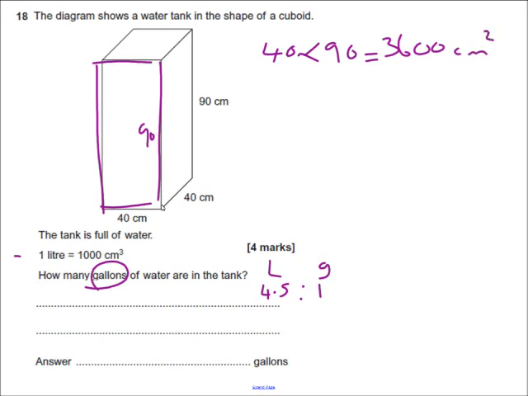And now we multiply it by our depth, our third dimension, so 3,600 times 40 again gives us, putting this in our calculator, a volume of 144,000 centimetres cubed.